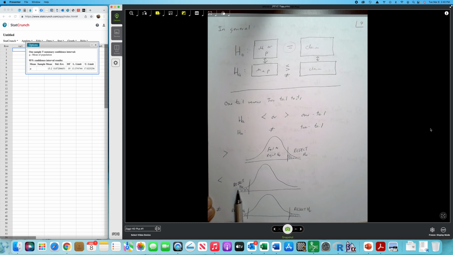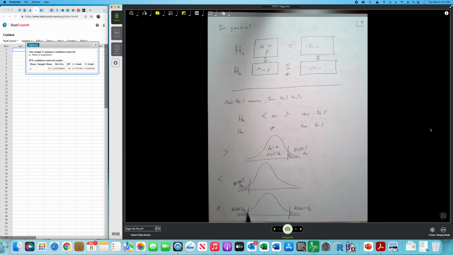So our rejection region is below, less than the claim, which again will reside right here. If we just have a two-tailed test, not equal to, then we put some region down here and we put some region up here. And these are the fail to reject. I'm sorry, those are the reject. And this is the fail to reject region.